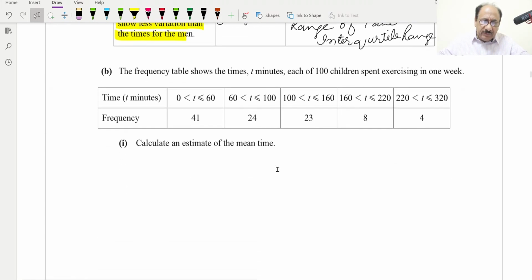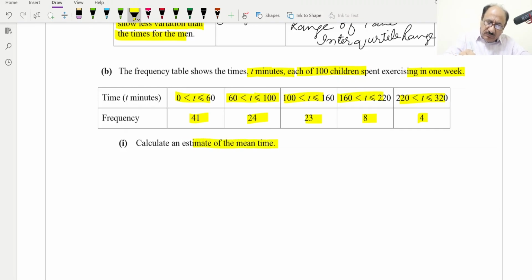Part B is saying the frequency table shows the times in minutes each of 100 children spent exercising in 1 week. These are the time ranges provided, and these are the frequencies, and we have to calculate an estimate for the mean.